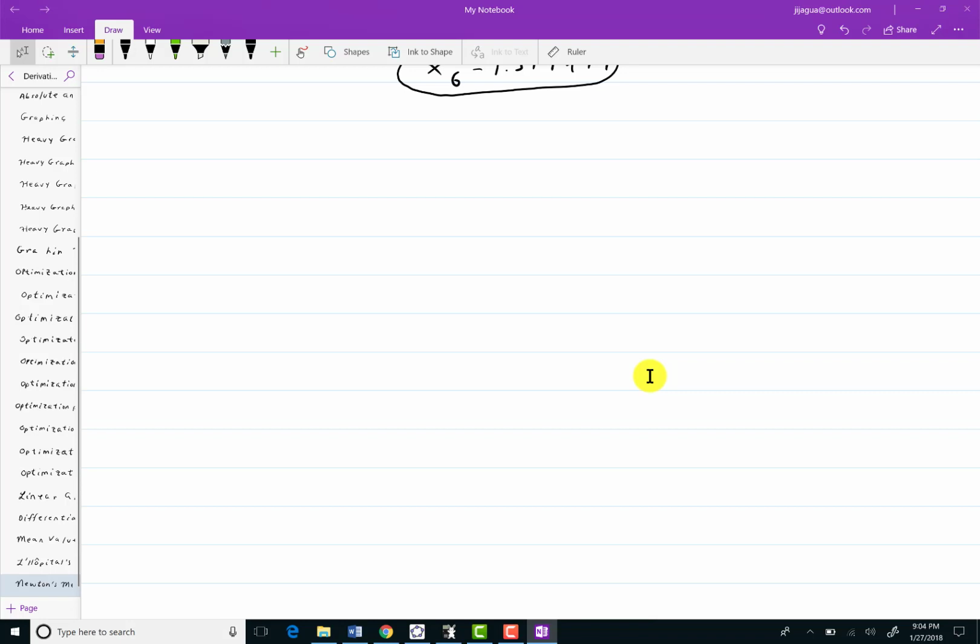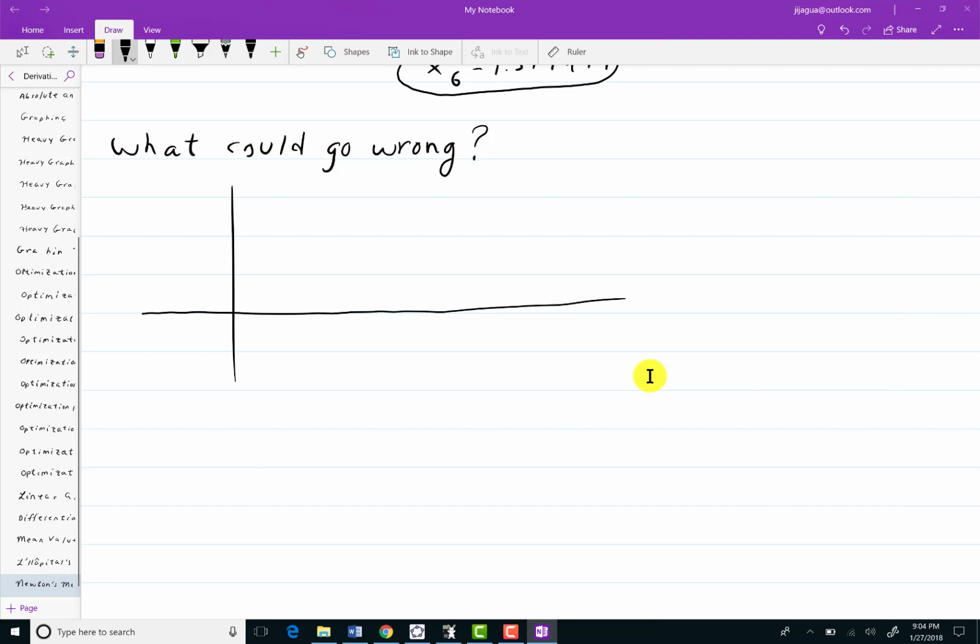So what could go wrong? Well, you could be trying to get the zero of a function, but at some point it is completely horizontal, like so, and then goes up like that.